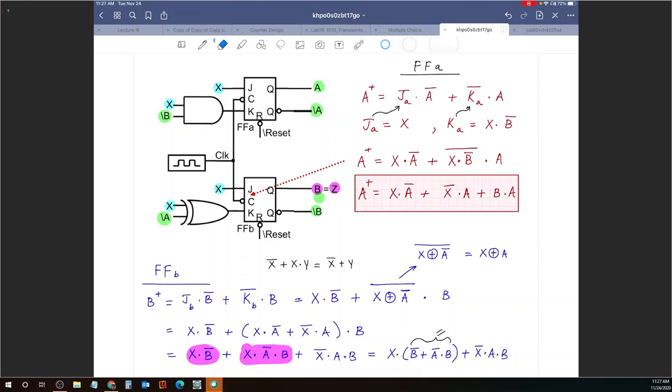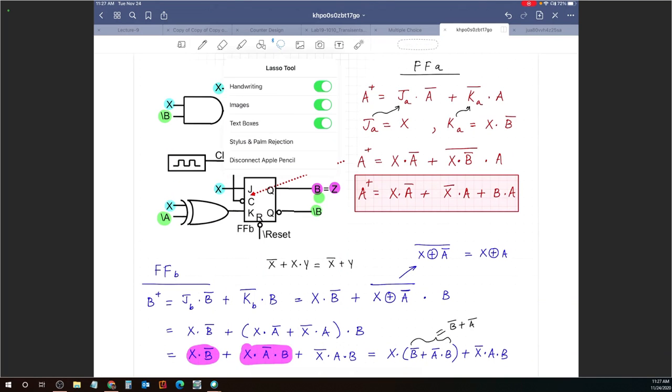Not A and not B is absolutely right. Yes. That's absolutely right. So I need to continue here.